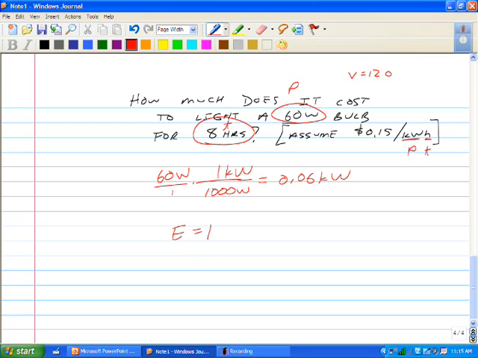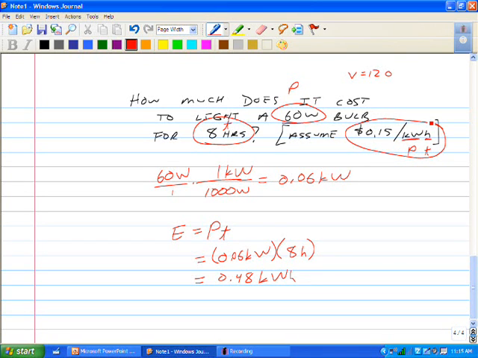Then I'm going to say energy is power times time. Well, the power is 0.06 kilowatts, and the time is 8 hours. Therefore, the energy is 0.48 kilowatt hours, right? And then this rate is just another conversion factor.